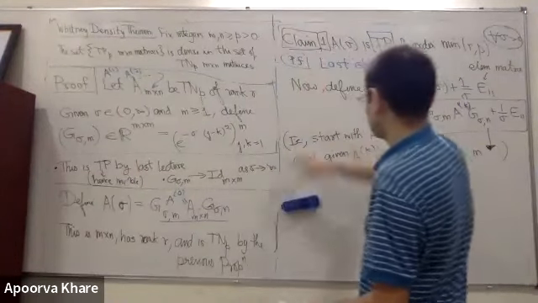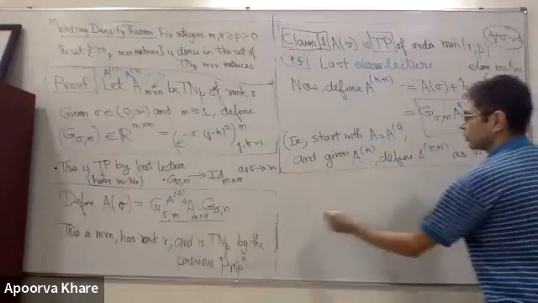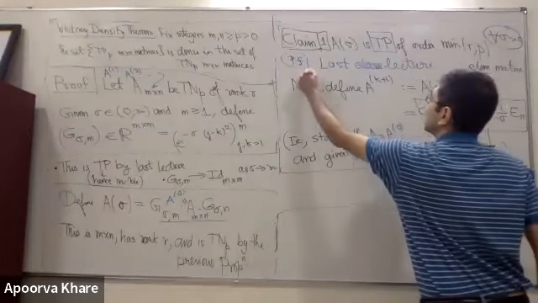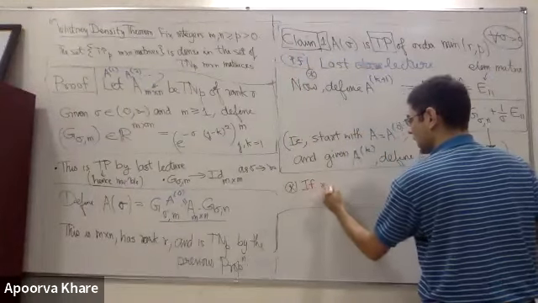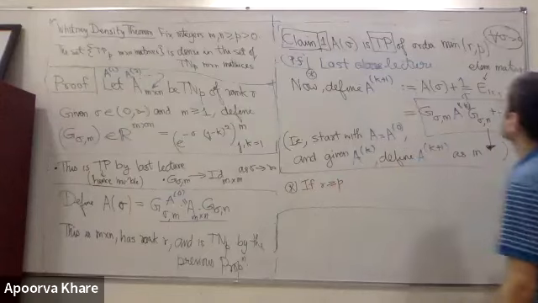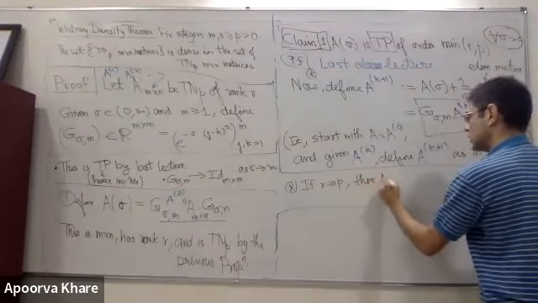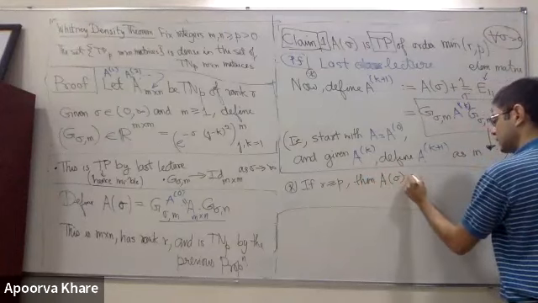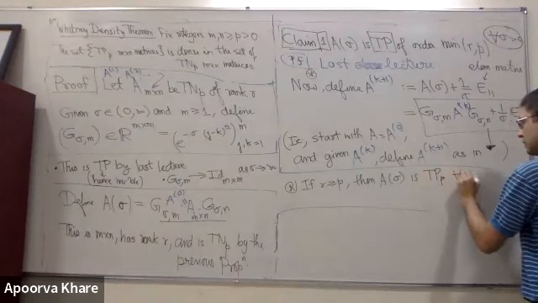So anyway, let's just insert a footnote. If R is bigger equals P, then A of sigma is TP of order P for all sigma bigger than 0.